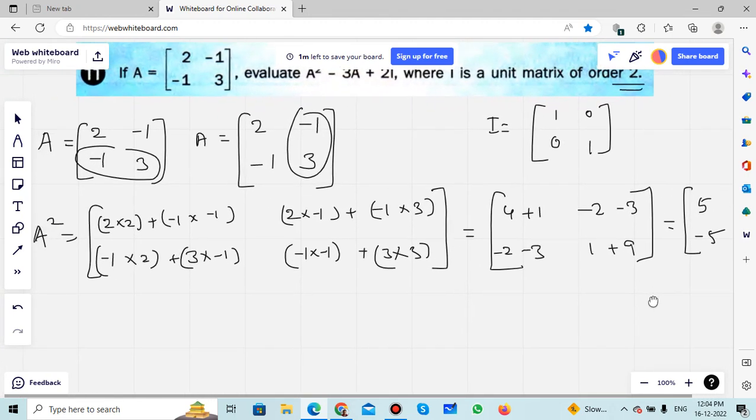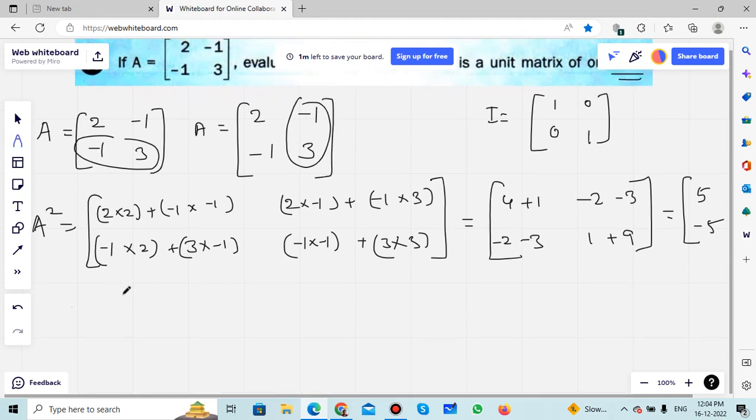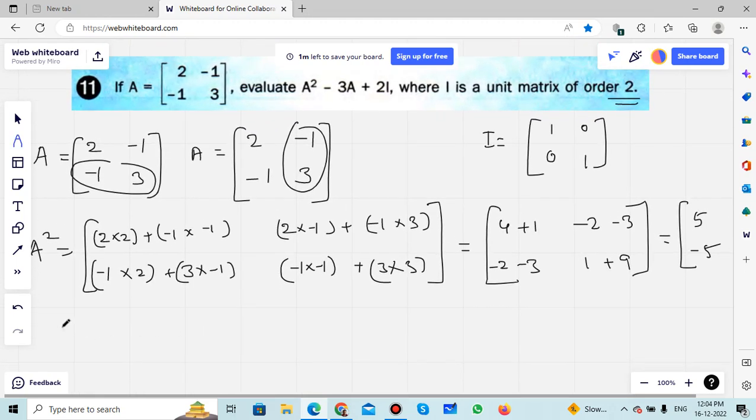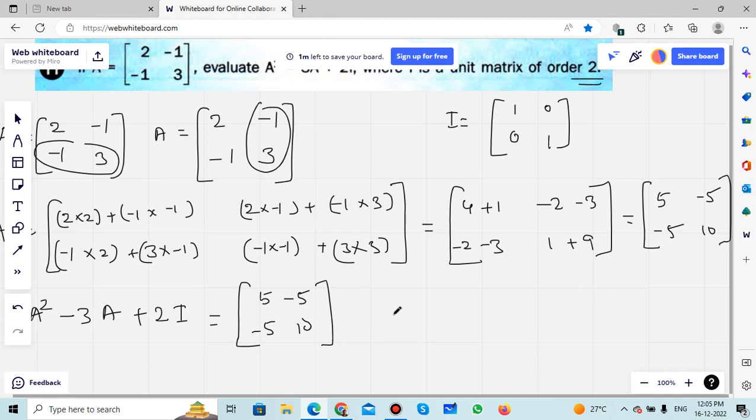We'll keep that. Now we have to find 3A. So A squared minus 3A plus 2 unit matrix is what? I'll put it here. This is 5 minus 5 minus 5 and 10, and then minus 3A.